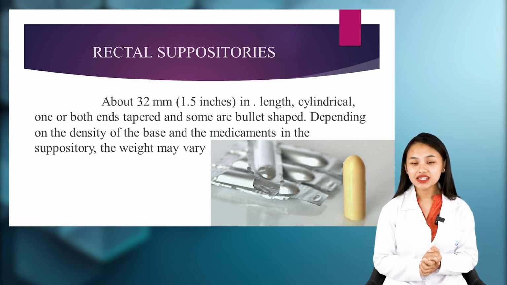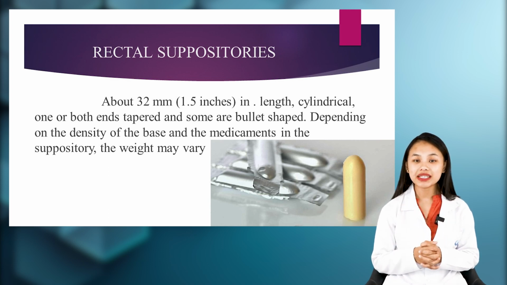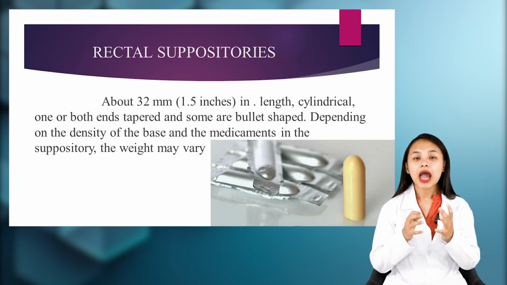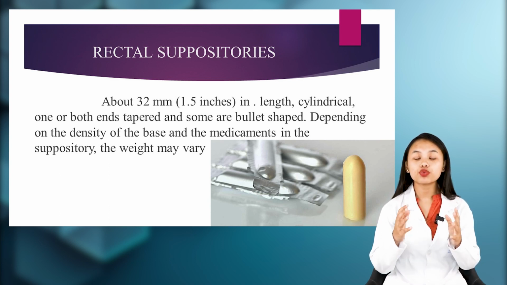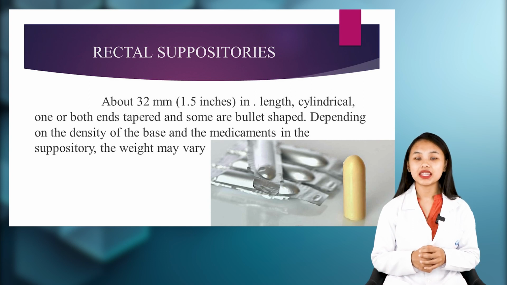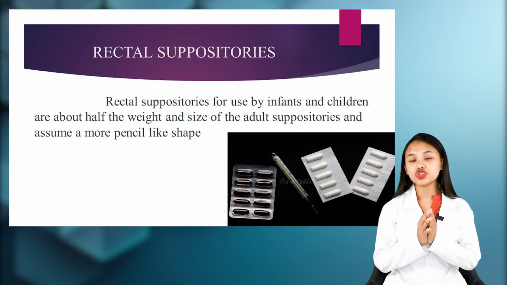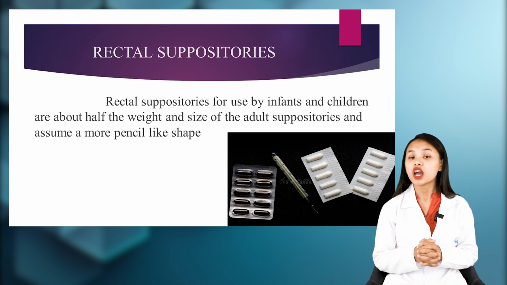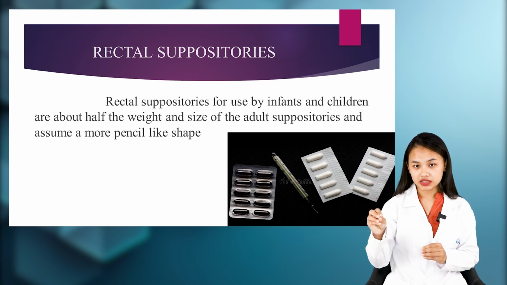However, this may differ depending on the density of the base as well as the medicaments used in the suppository. As I have said, usually the suppository is 2 grams, but this is for adults.